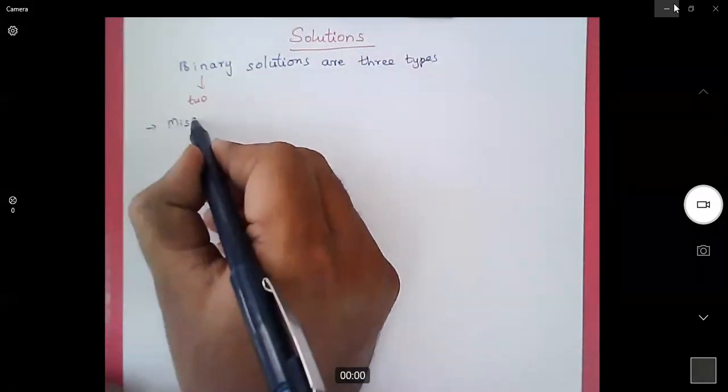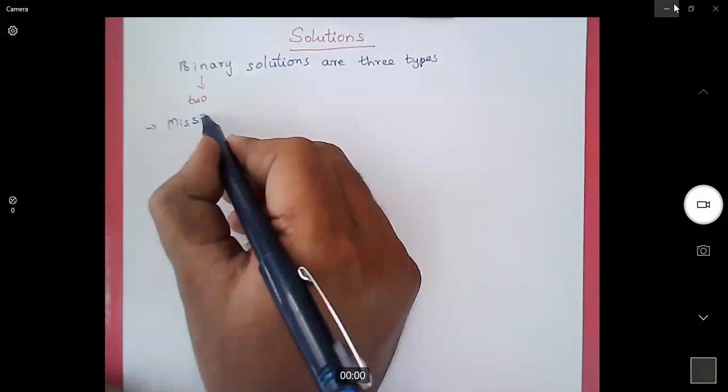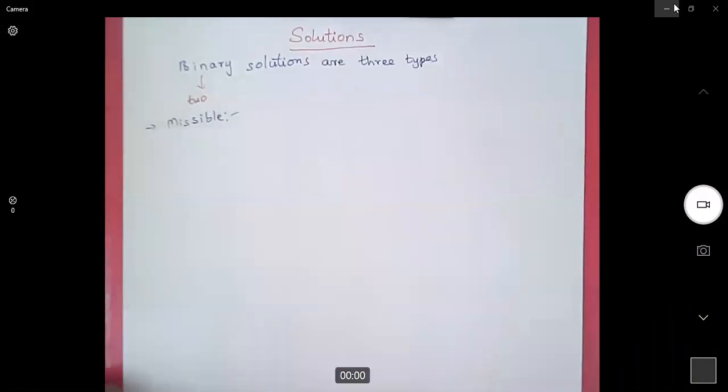One is miscible solutions. What are miscible solutions?